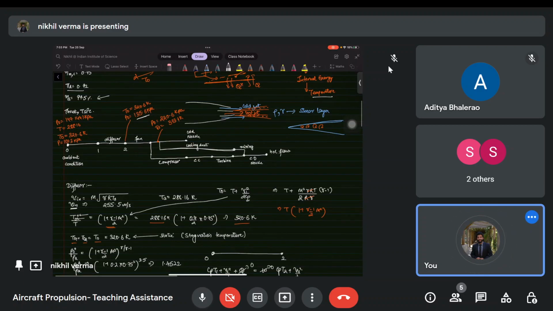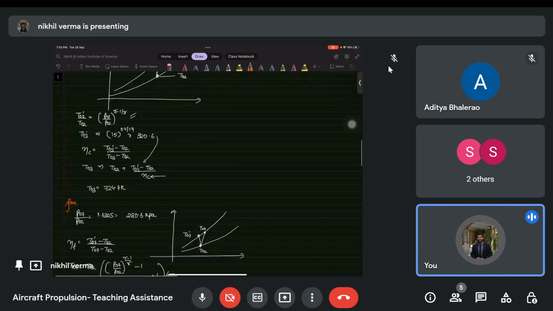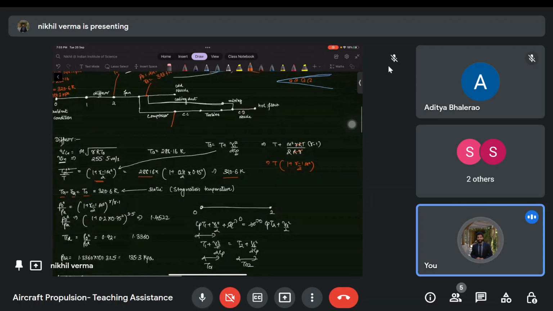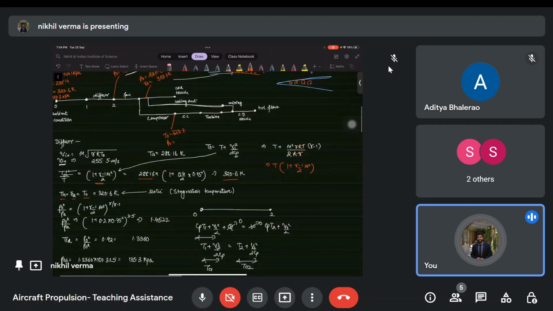After the compressor, what was the temperature and pressure? T naught is 724.7, P naught is 2030.